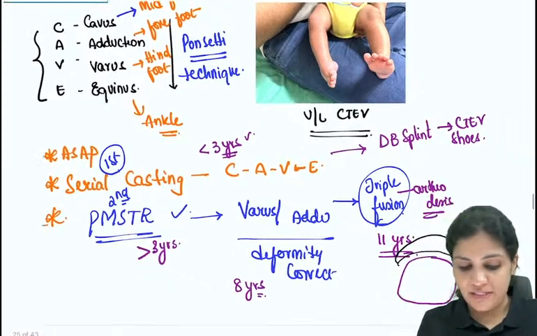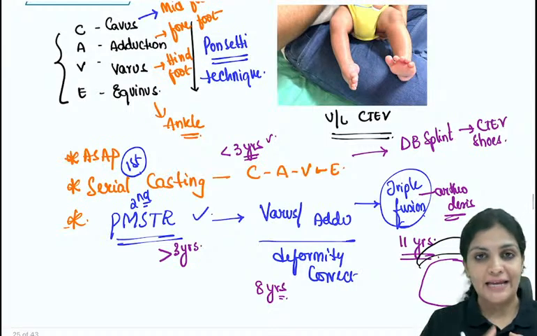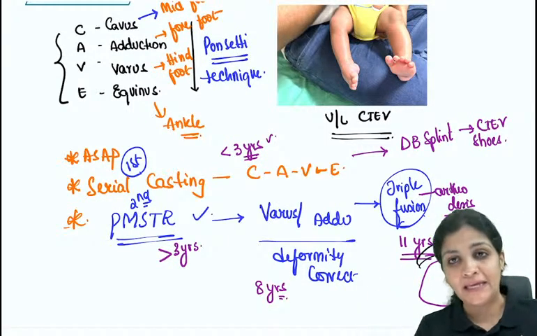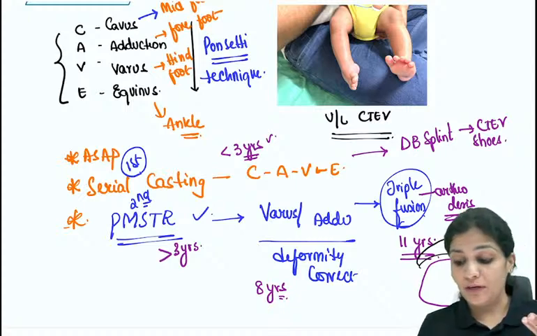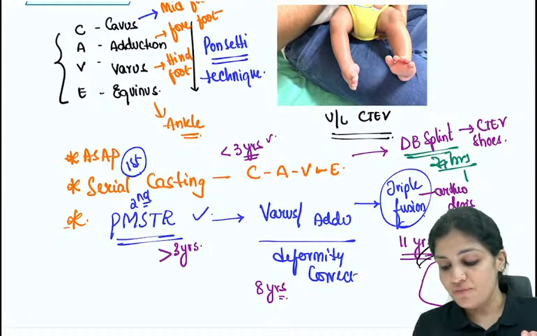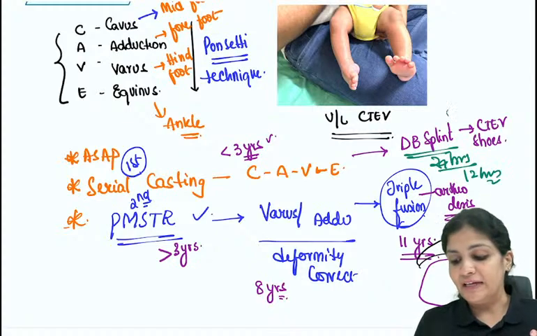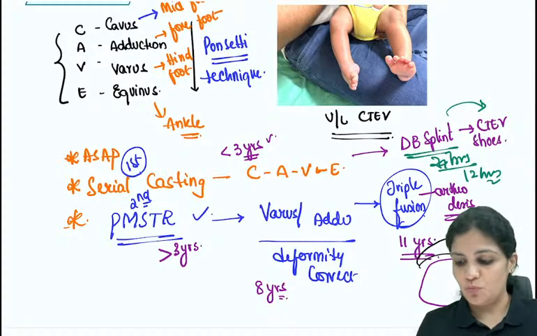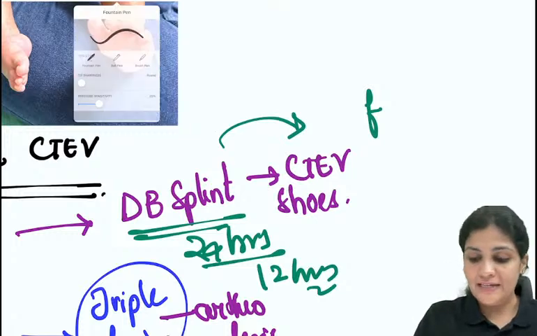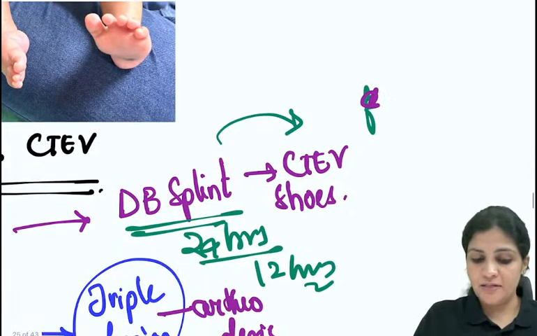So this is about the CTEV, where you go for serial casting. You do it in the order of CAVE. Then once it is corrected, you go for DB splint for 24 hours, and then you relax it for 12 hours, right? And then finally you go for CTEV shoes, where there is no heel rise and straight inner border, right?